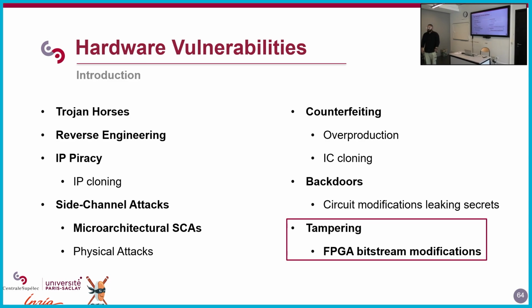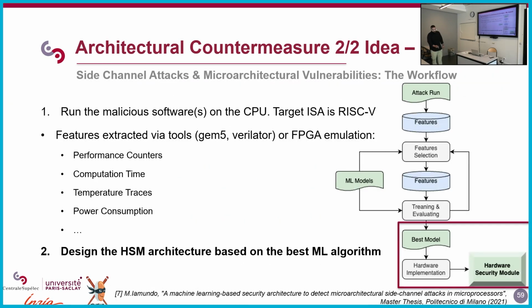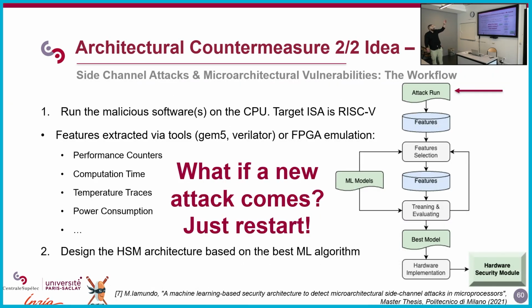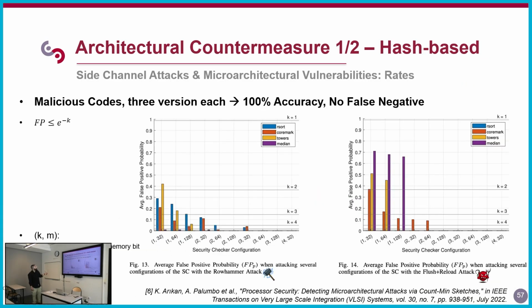It's just a use case. Yes, but do you detect the execution of one particular code that executes a V1 attack, or any kind of V1 attack? What is the generality? Here we were just saying we can run the attack we want to detect, and we can implement our machine learning model in hardware to detect it.